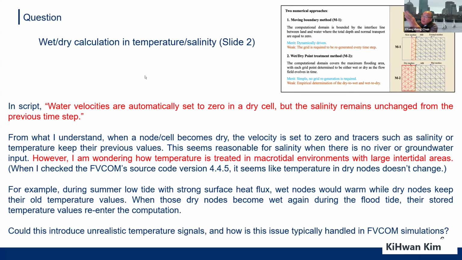In this wide dry point issue, in most regions you have two sources for temperature. One source comes from advection, another source comes from the heat budget at the surface. But the problem comes out if you don't have a bottom boundary condition for the heat budget, for sediment or something.